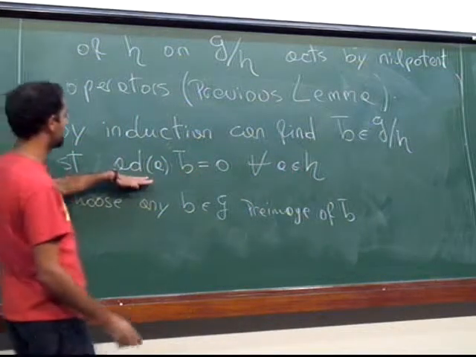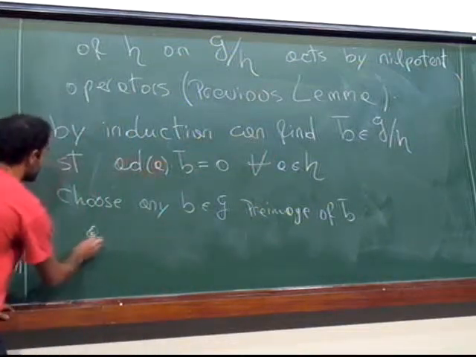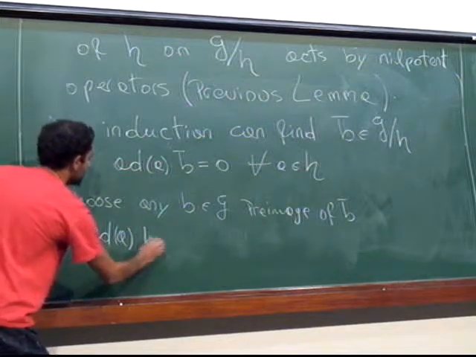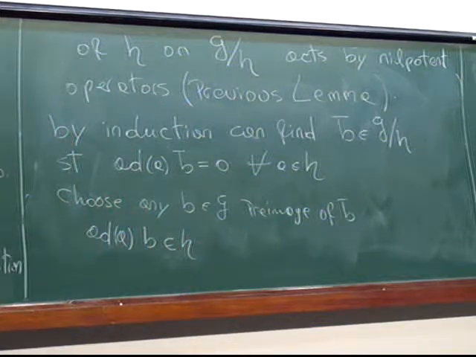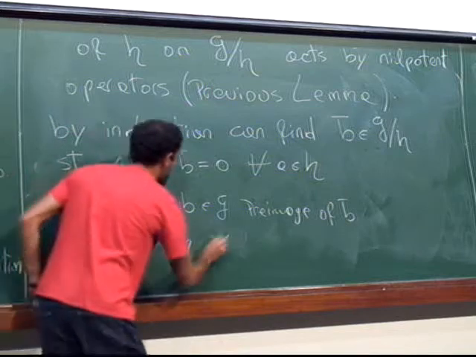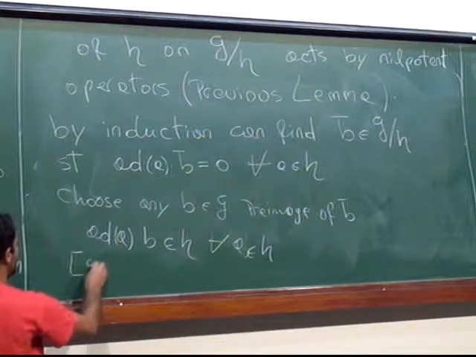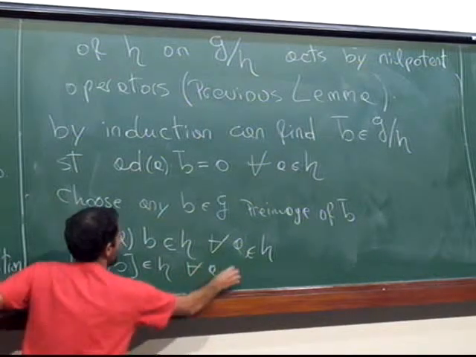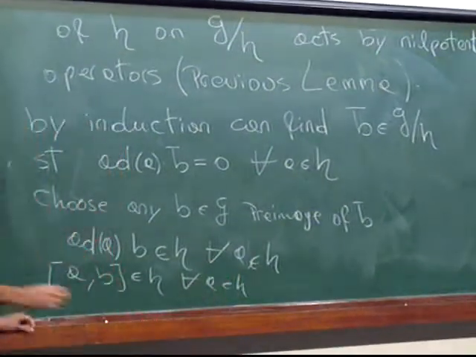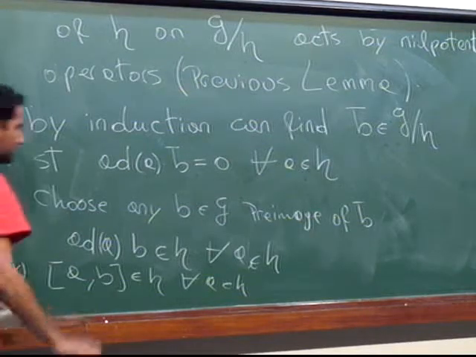So this condition here, that the adjoint action of A on B bar is 0 on the quotient space, is just that the adjoint action of A acting on B belongs to H, which is the same for every A in H. Or the same thing, the bracket of A and B belongs to H for every A in H. I didn't define what the normalizer is, so I'm not going to mention it now. But let's put a star here so that I recall this later.